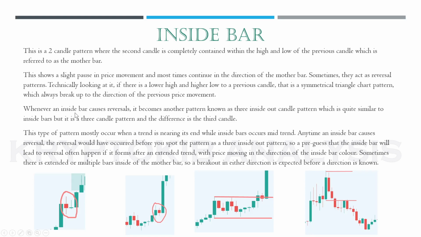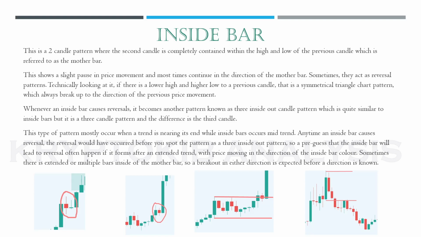Whenever an inside bar causes reversals, it becomes another pattern known as three inside out. That is another candle pattern. It is quite similar to the inside bars, but it is a three candle pattern, and the difference is the third candle.